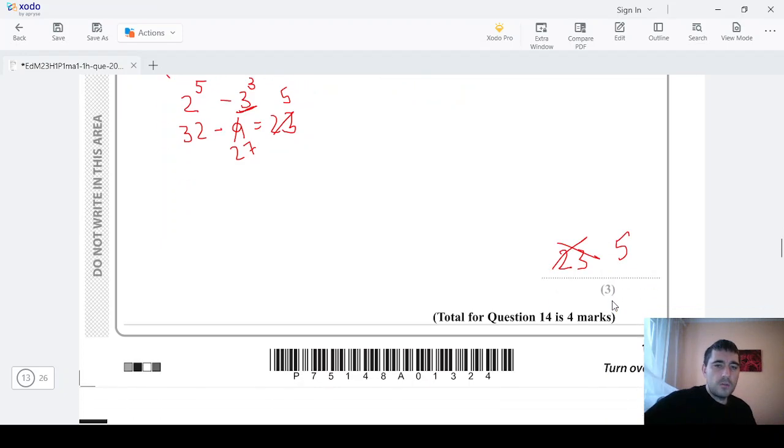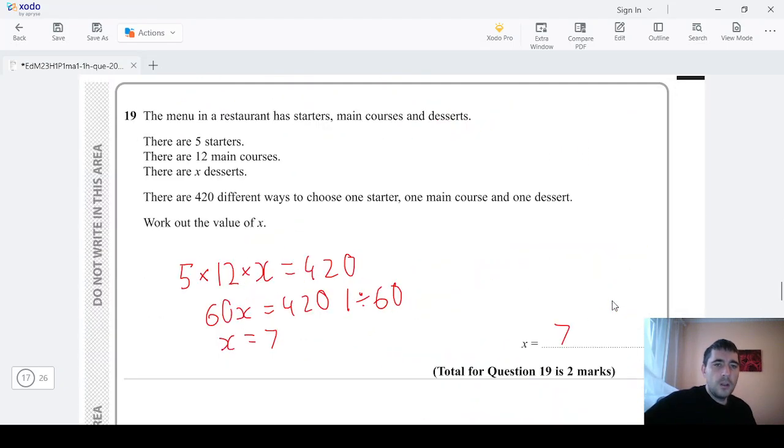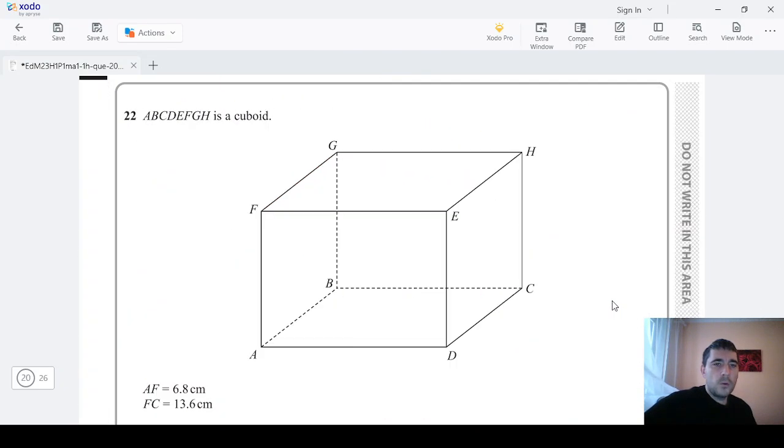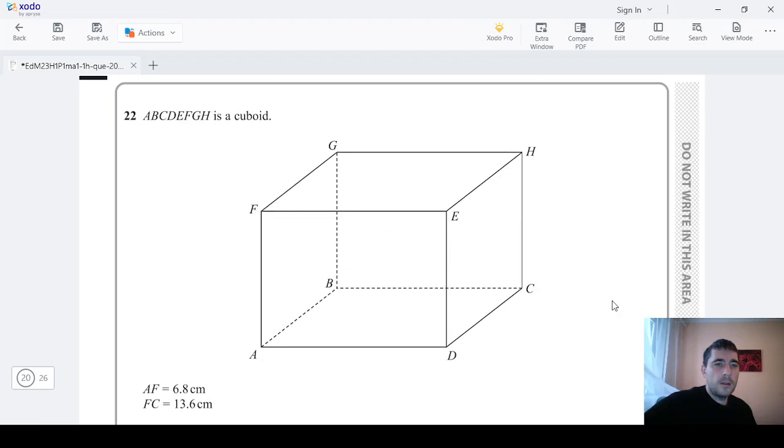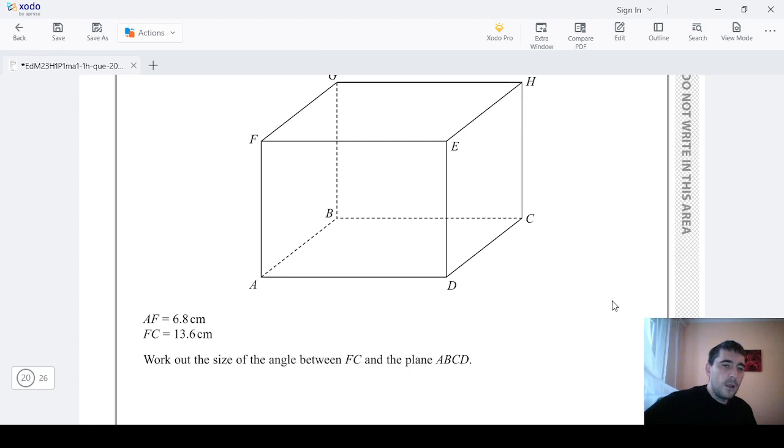Once we've done that, we can start on the last questions. We've got a cuboid, given 2 sides. AF, just find the side which starts with A and finishes with F. We've got 6.8 there, and we've got FC.